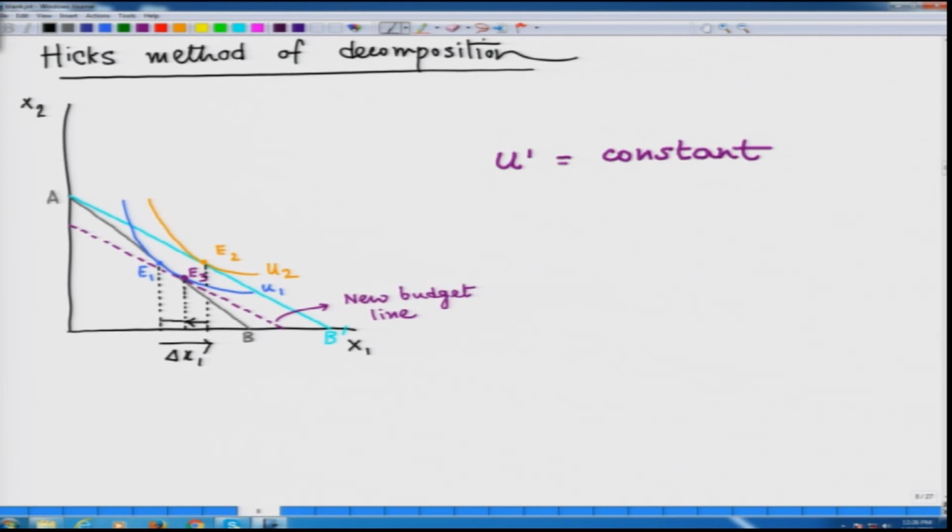So, this part is substitution effect, and this part is income effect, right.